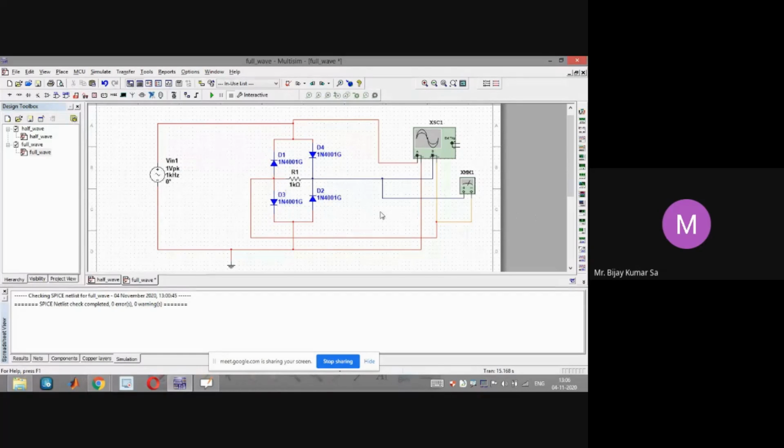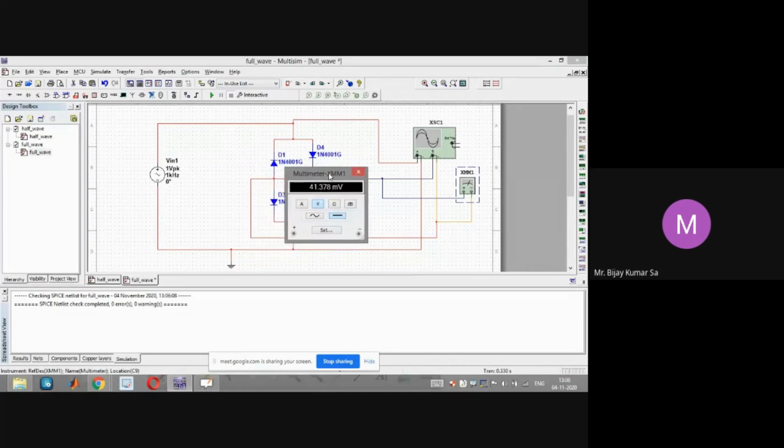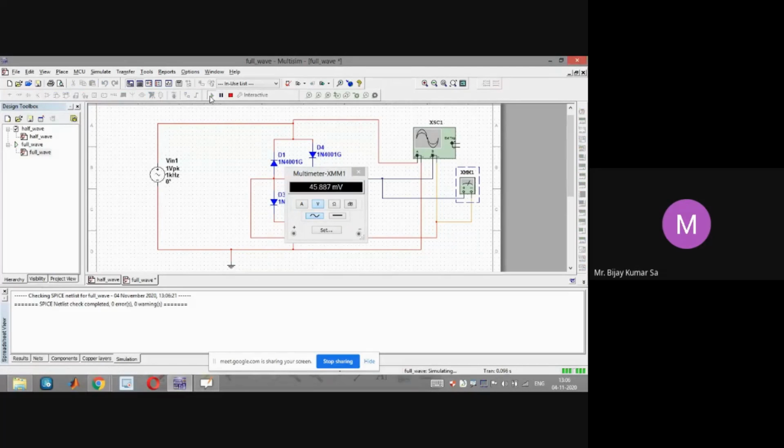So if I run the simulation, before running, let me set the modes. Voltage AC. AC voltage, it is giving me how much? It is 45.884 millivolt.